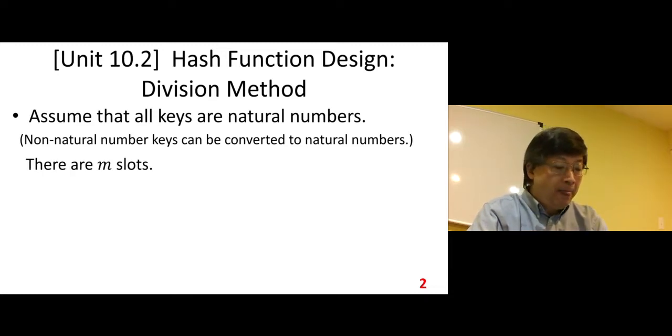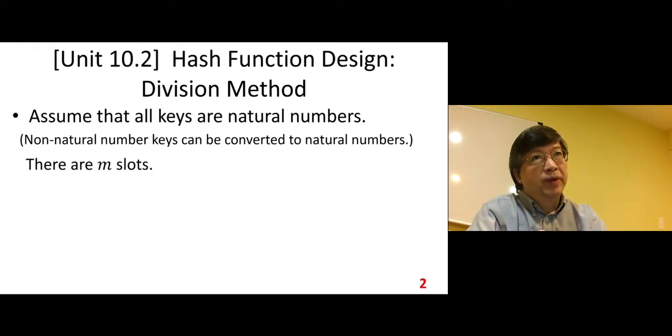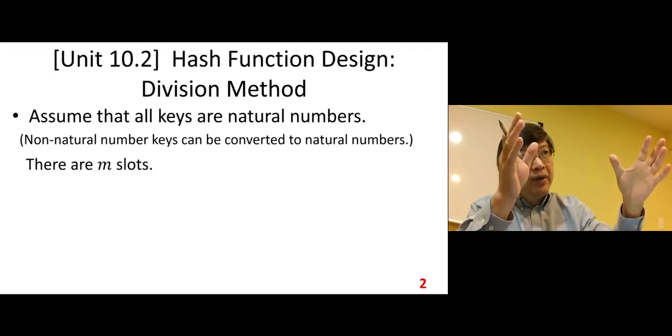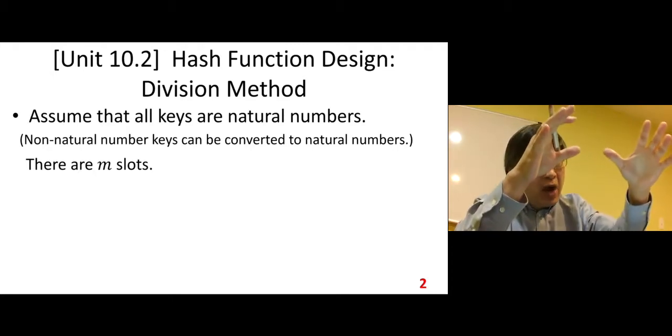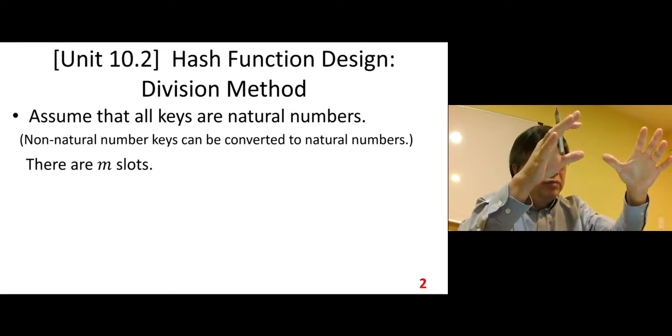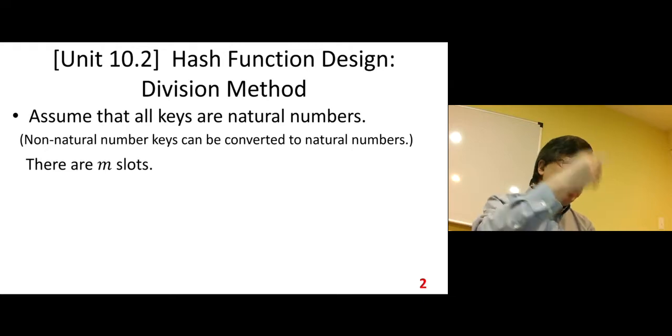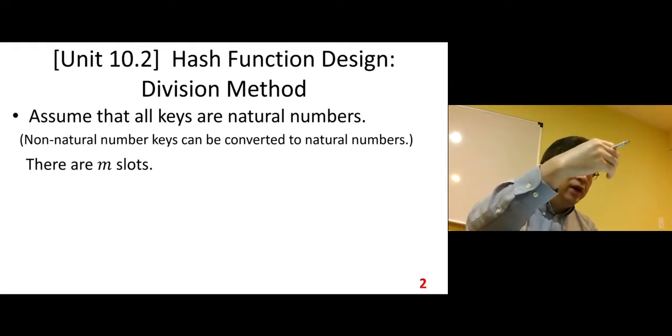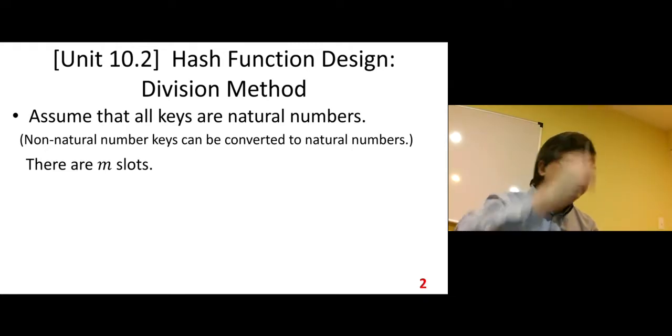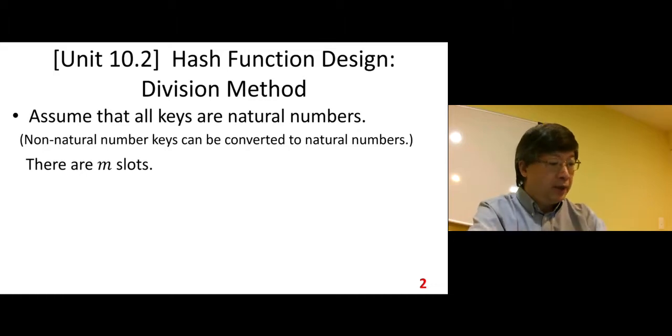All right. There are M slots. We consider this abstract data structure. It has M slots, so we need to arrange the data in those M slots.